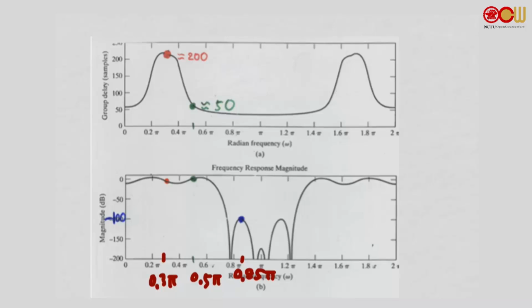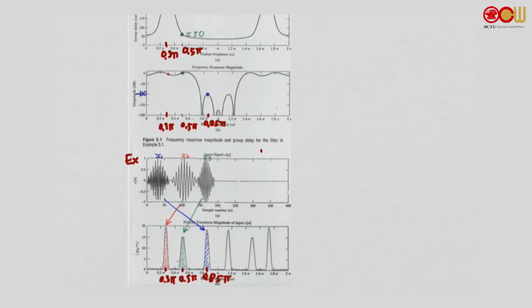Now let's look at the plot of group delay. This is group delay of the system, and so we look at the group delay at 0.3 pi, and the group delay here is around 200. The group delay for omega equal to 0.5 pi is around 50.